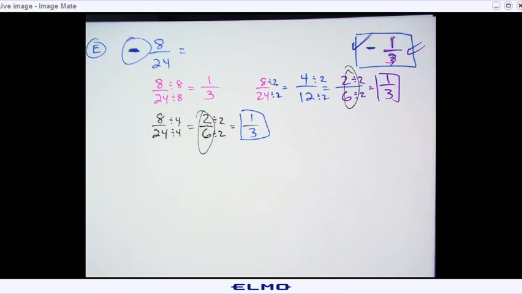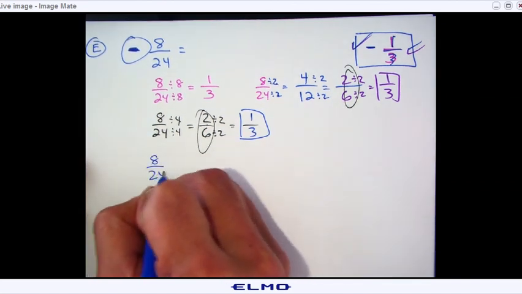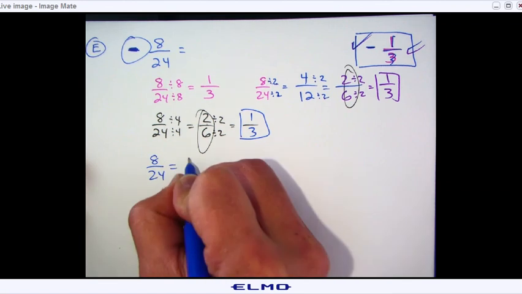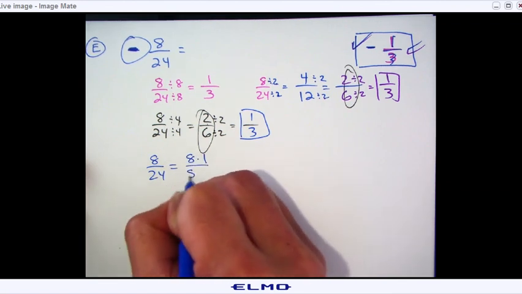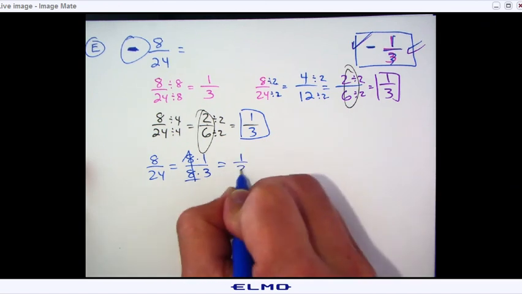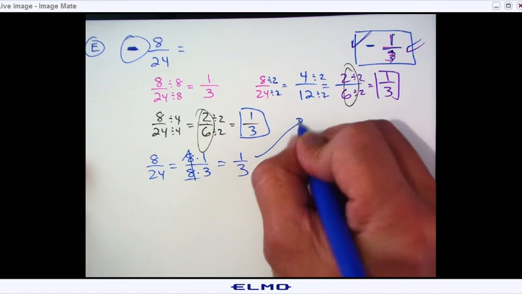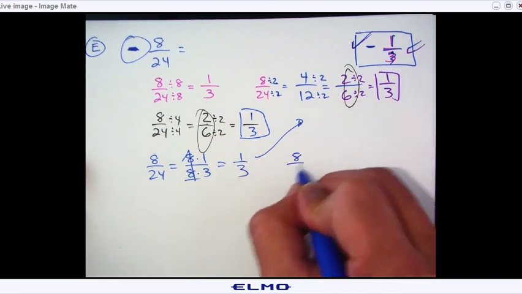All right? So now what about multiplication? So I could do 8 times 1 and 8 times 3. And then I'm done. 1 over 3. Don't forget the negative. Again, 8 over 24.